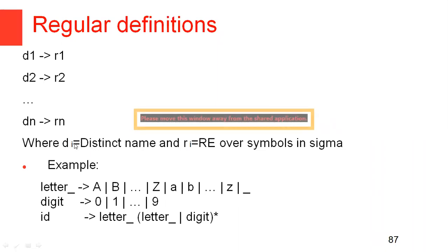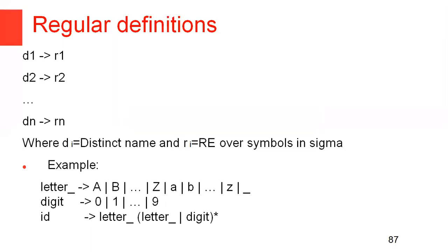Different names Di are used, and Ri, so we are representing this with i. So Ri is equal to a regular expression over symbols in sigma, that is the union of D1, D2, D3, and so on, Dn. So that is the representation of regular definitions.